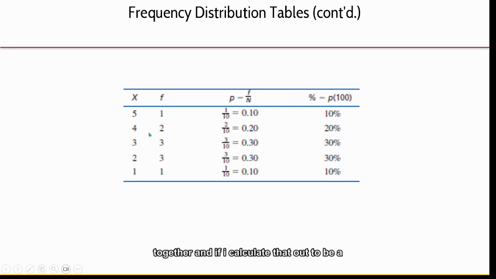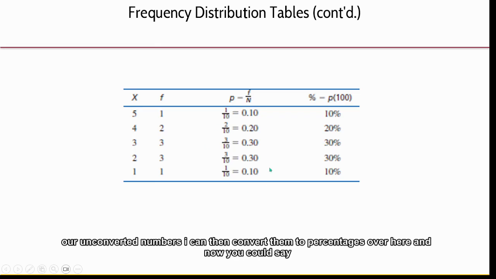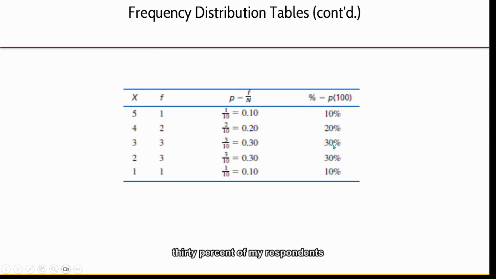If I calculate them out to be a proportion of 10, there are our unconverted numbers. I can then convert them to percentages over here. And now you could say 30% of my respondents were a 3, another 30% were a 2, and only 10% were a 5, only 10% were a 1, etc.